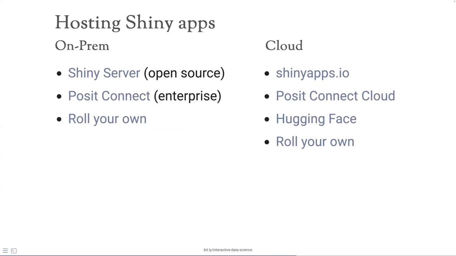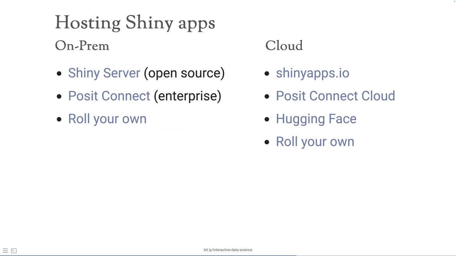And in terms of hosting Shiny apps, there are a lot of different options for hosting your server. For example, you can have RStudio Server on your laptop. Say you need some scalability or additional security for your app, you can get Posit Connect, which is an enterprise version from Posit, for hosting your Shiny apps.